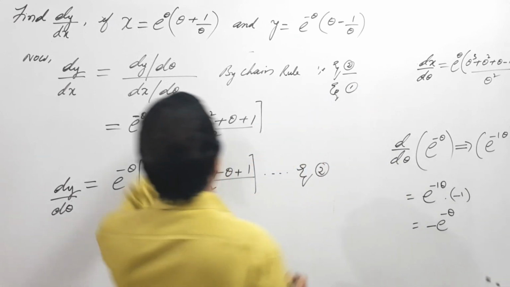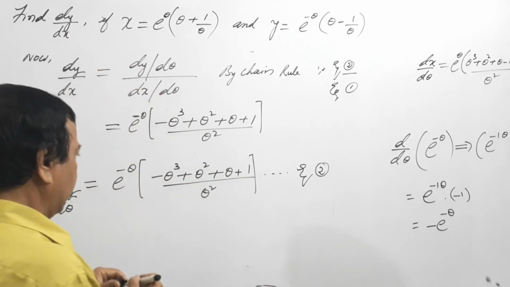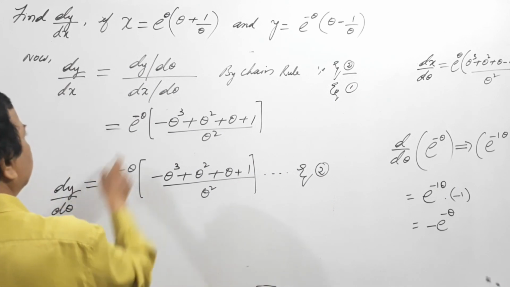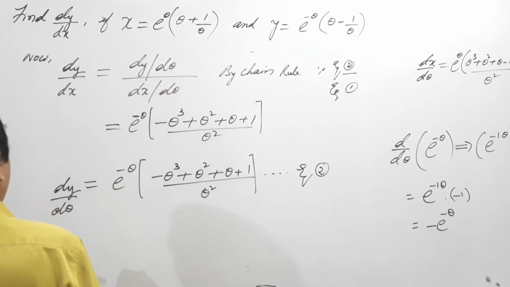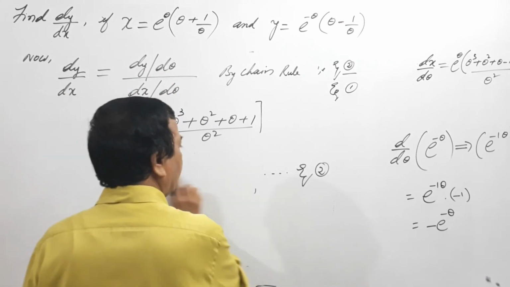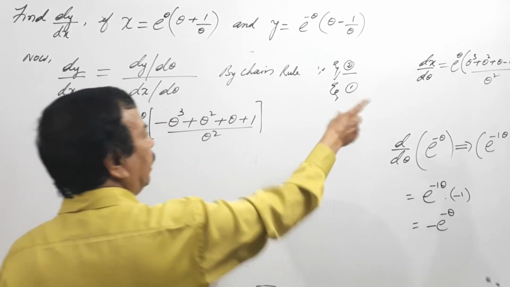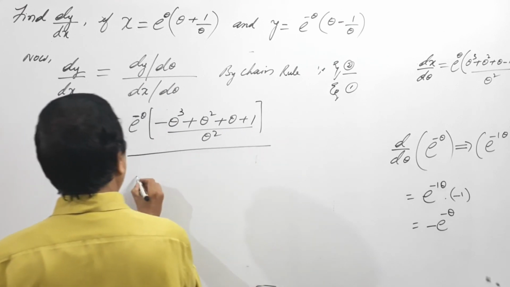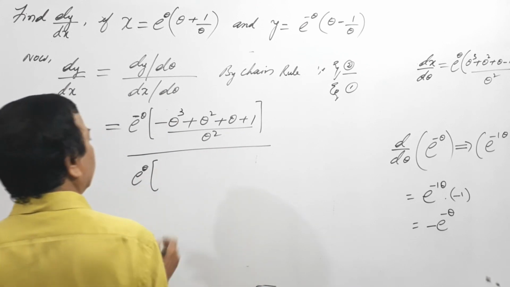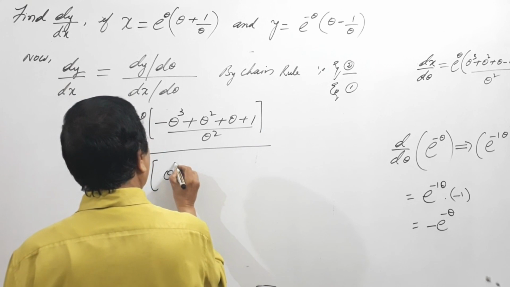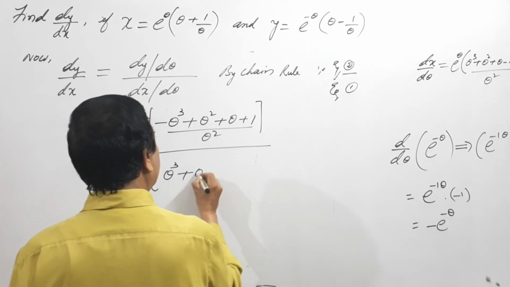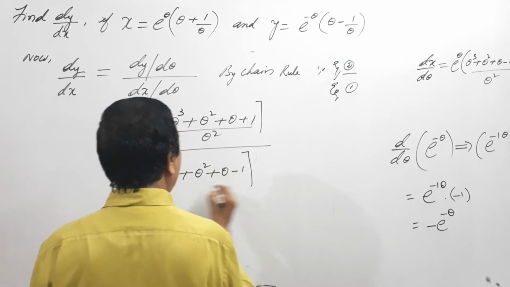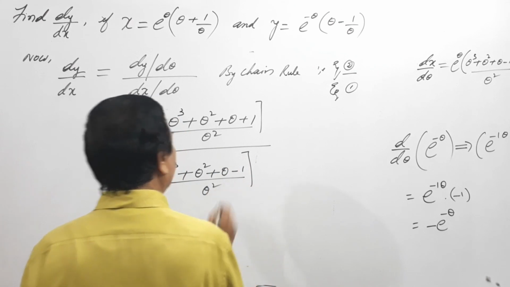By equation 1. So we are dividing equation 2 by equation 1. So dy by dx, this dy by d theta, is equation 2 divided by e to the power of theta, that is theta cube plus theta square plus theta minus 1 divided by theta square.